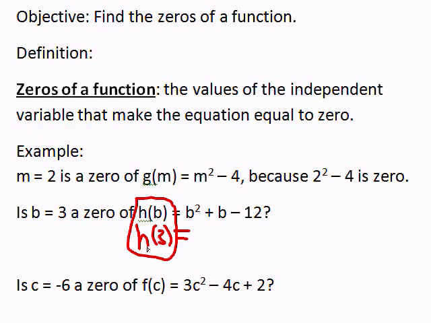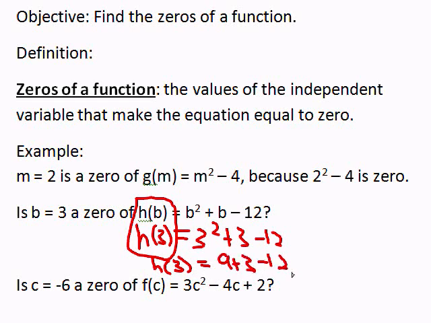So we put 3 in for all the b's: 3 squared plus 3 minus 12. So h of 3 is equal to 3 squared, which is 9, plus 3 minus 12. 9 plus 3 is 12, minus 12, which is 0. So is b equal to 3 a zero of our function? The answer is yes, because it made the function equal to 0.